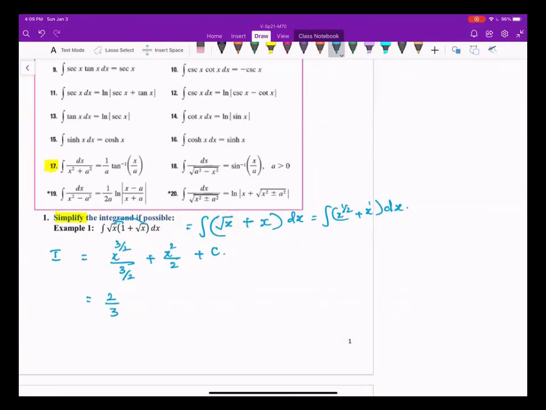Write 3 over 2 in the denominator as 2 over 3, times x to the 3 halves, or you can also write x to the 3 halves as x times root of x. So another way of writing the same is 2 over 3 x to the 3 halves plus x squared over 2 plus an arbitrary constant. So simplifying the integrand is one of the strategies.